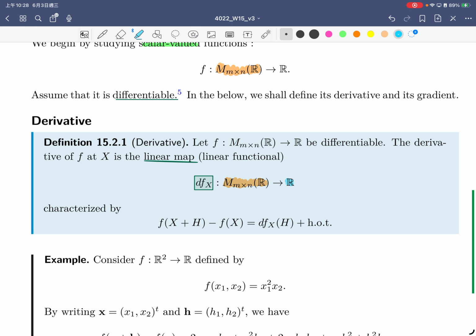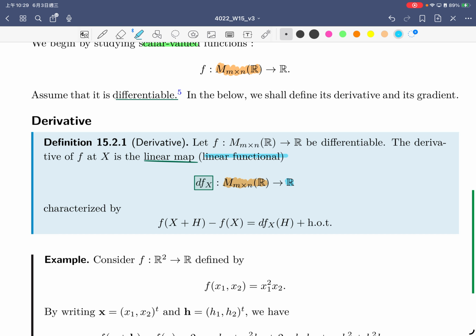You also call it a linear functional. You can regard that as an element in the dual space. But the point is, the derivative is itself a linear map. And that is the reason why in calculus 3, we don't teach you what the derivative of a multivariable function is, because we don't expect students to know what linear maps are.